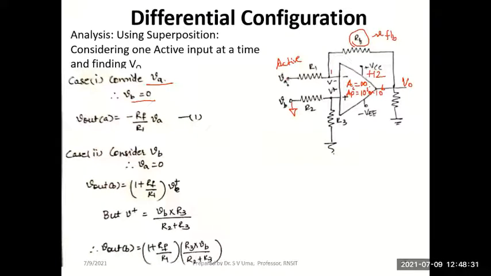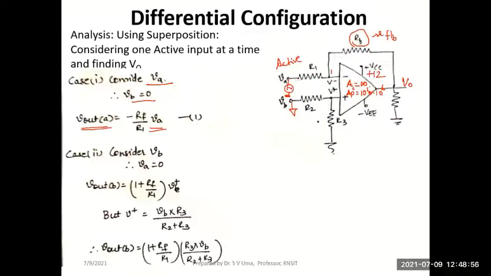VA is the input given to the inverting terminal through a resistance R1 and the feedback resistance is RF. So what will be the value of the output voltage? The output voltage due to A is nothing but the gain of the inverting amplifier, minus RF by R1, into VA.